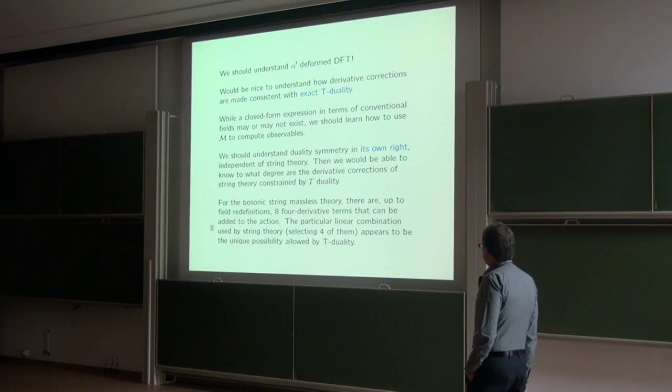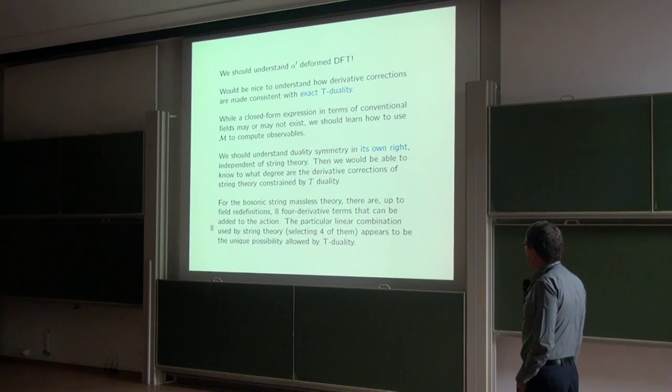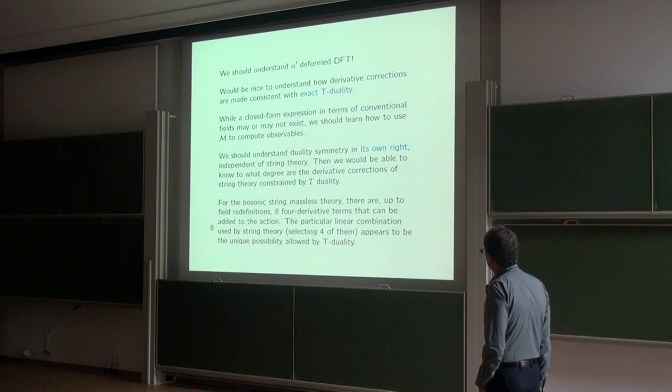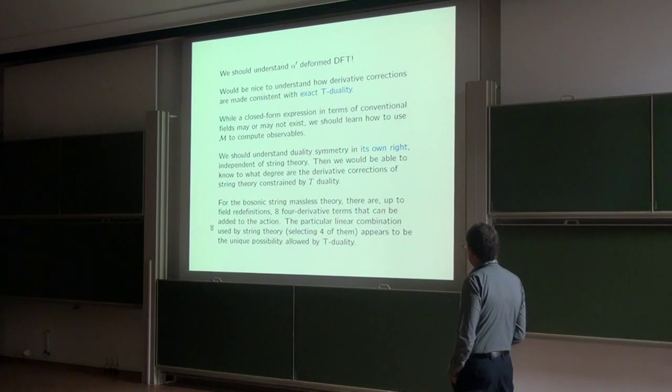So we should understand alpha prime deformed double field theory, and I think it would be nice to understand in general how higher derivative corrections can be made consistent with exact duality.